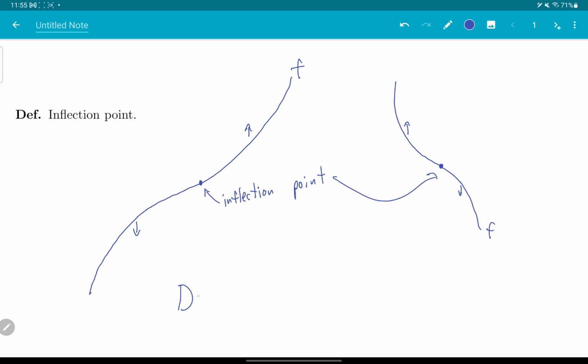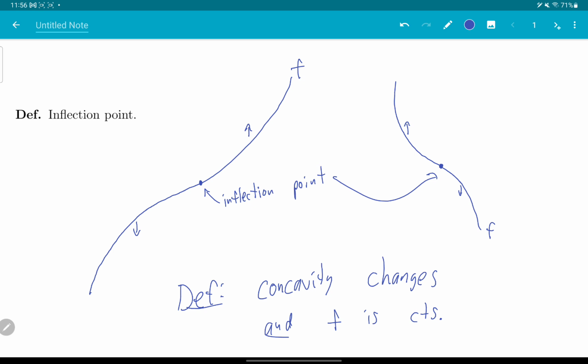The definition here, more formally, is: concavity changes and f is continuous. We're going to insist that f be continuous here to rule out any situations that are too strange.